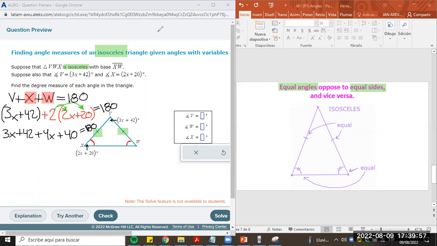Okay, now let's put together the common terms, the linear and the constants. So 3x plus 4x is 7x. And 42 plus 40 is 82, right? Okay, so there are no simplifications left to do.